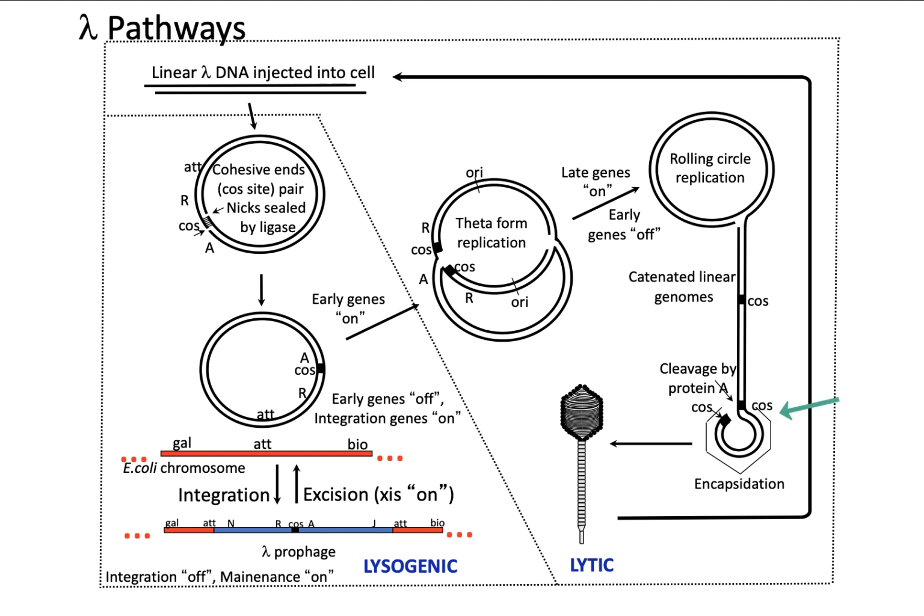And then the heads and tails are produced, and finally the DNA is threaded into the head, and then at the cos sites, these are cut by an enzyme, protein A, filling the head with exactly 1 genome's worth of the lambda chromosome.